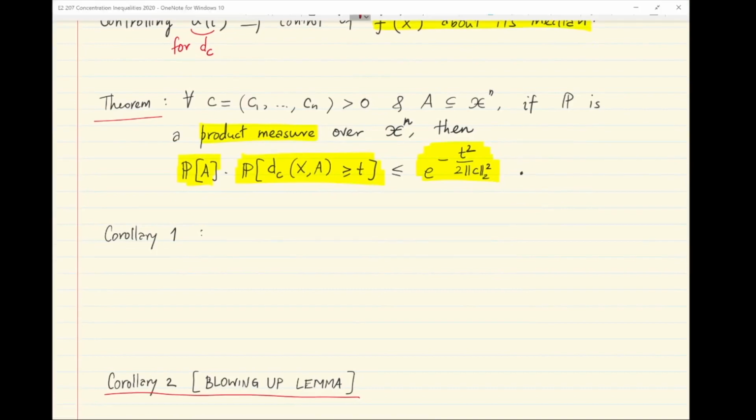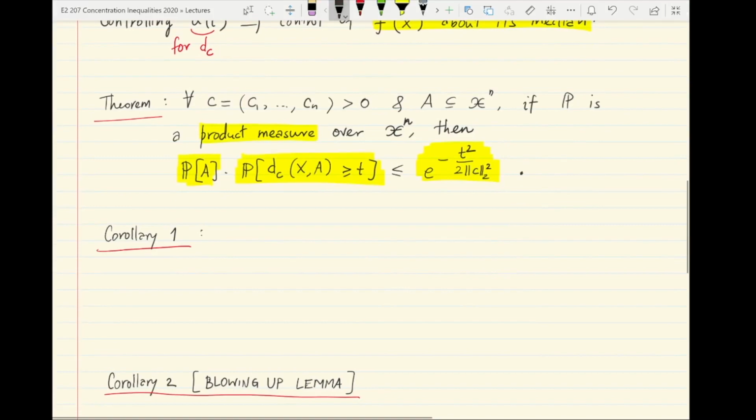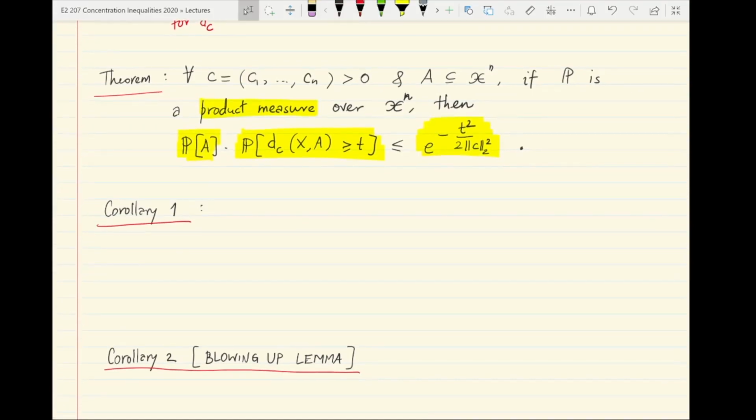So the first corollary here is what happens when you have d_c(x,y) as the distance measure. It basically means that alpha of t, which was defined to be the supremum of the probability of the complement of the blow up of A by t, when probability of A is at least half.